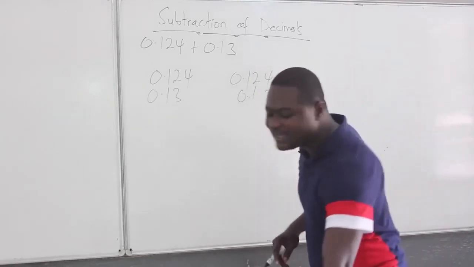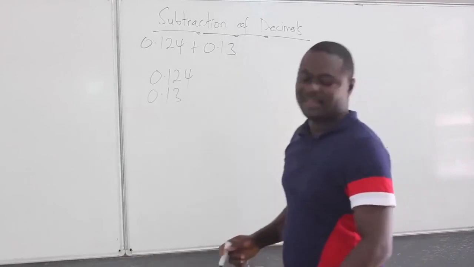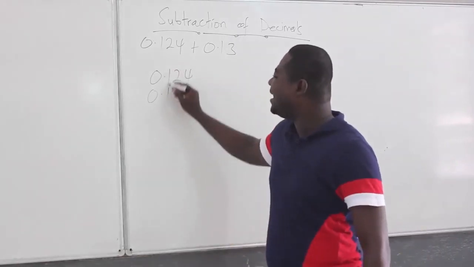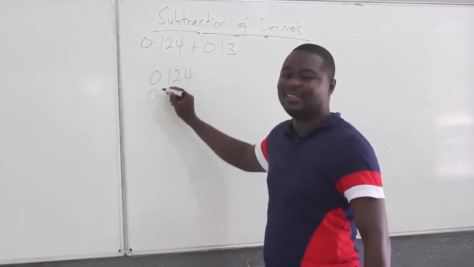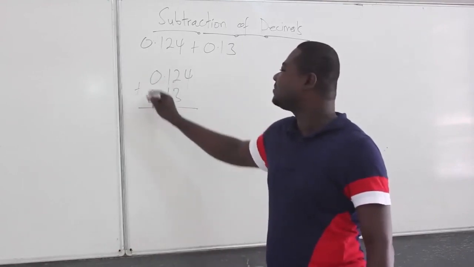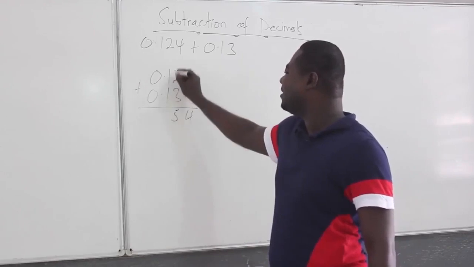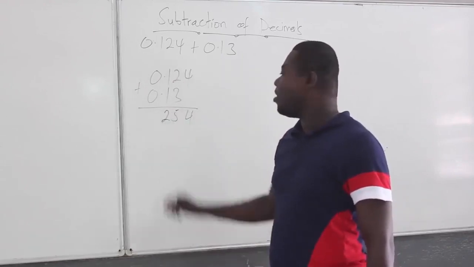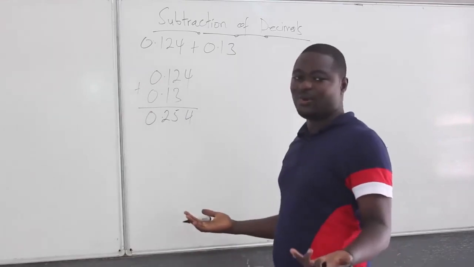So you always make sure the points are in line, in a vertical line. So like this, then you add. So we have 4, we have 5, and that's 2.0. You get your answer.